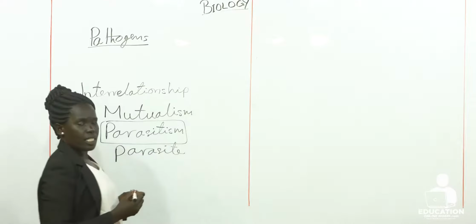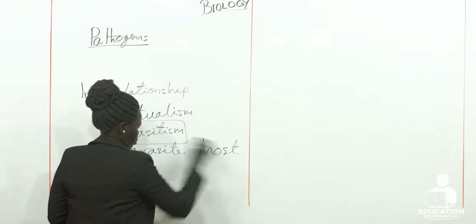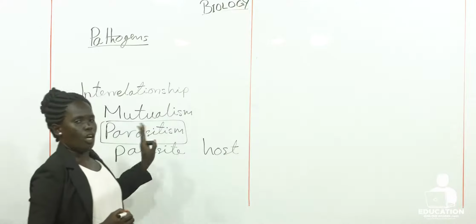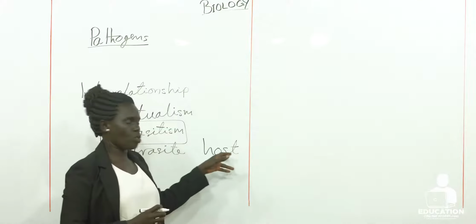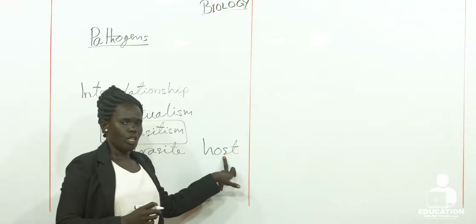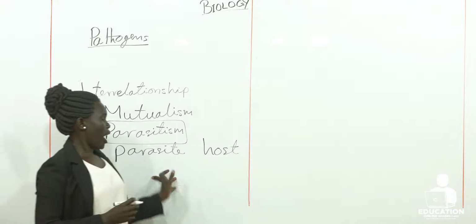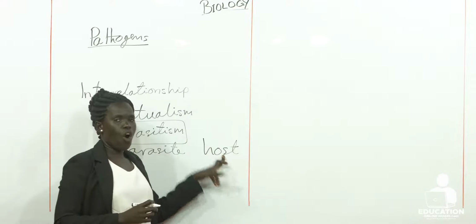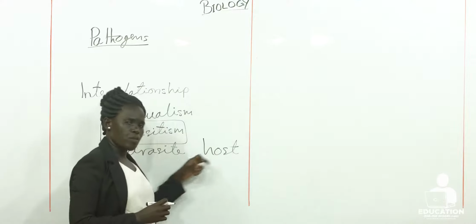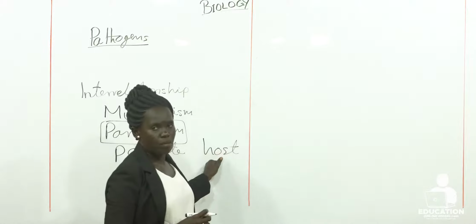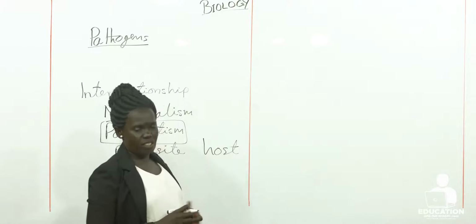The one that is harmed is the host. The parasite is usually small compared to the host. So you'll find the parasite living either in or on the host. The parasite will benefit from the host, but the host is harmed. So this harm can be disease.